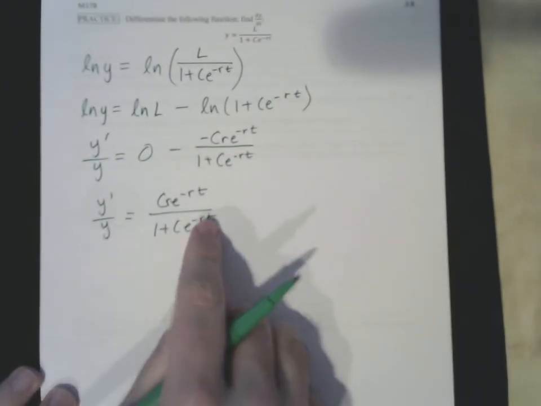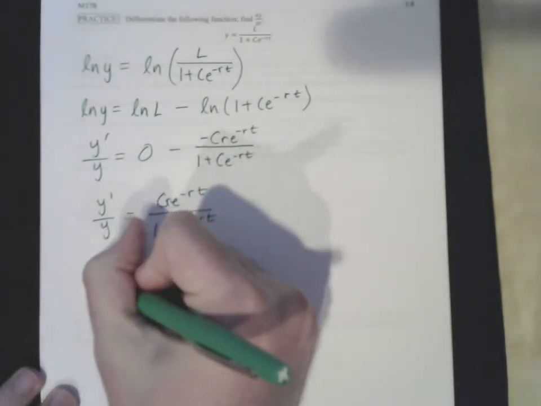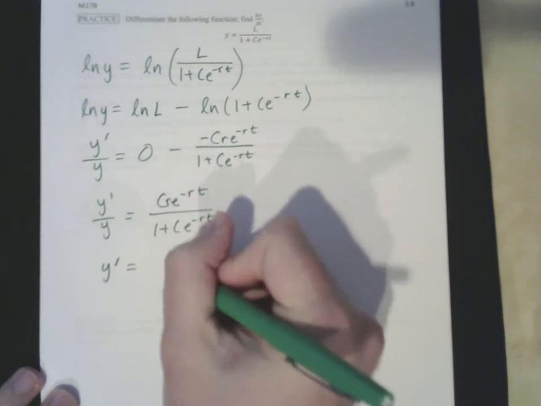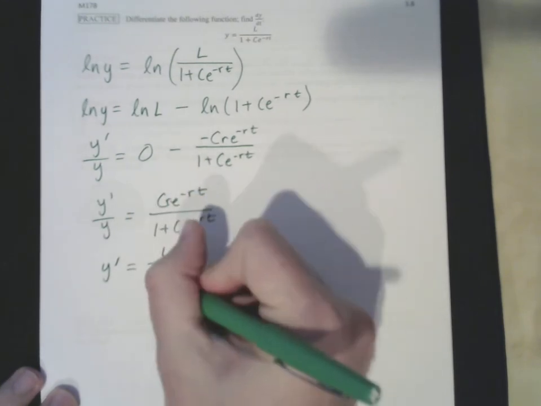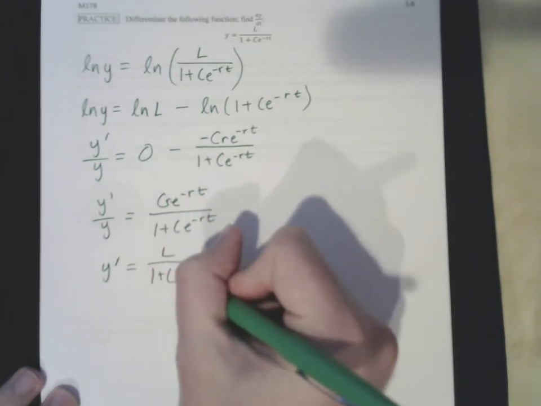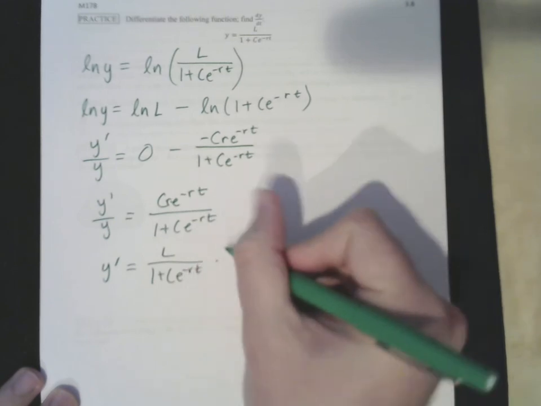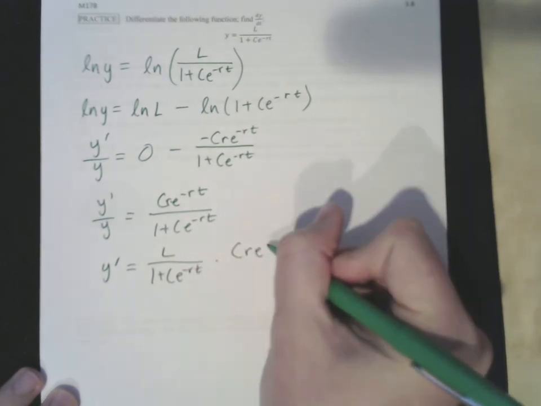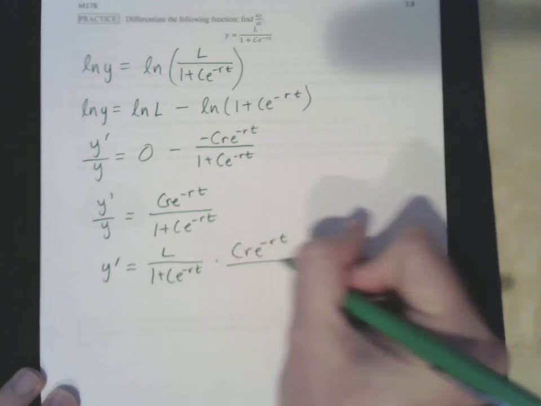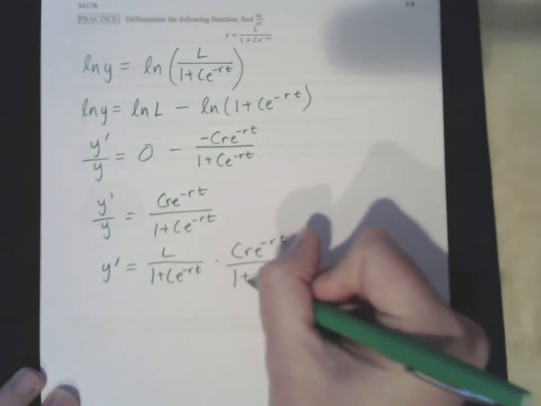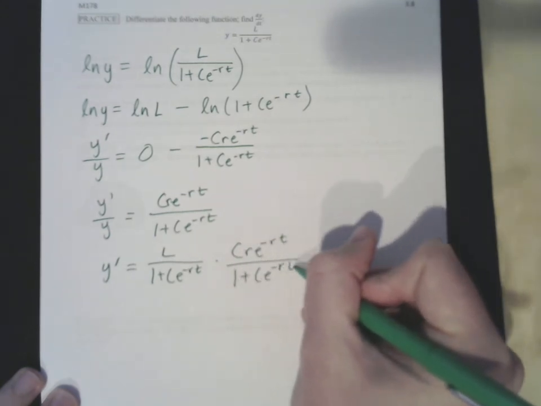And the last step is to multiply by y, move it back over. Y prime equals L over 1 plus Ce to the negative rt times Cre to the negative rt over 1 plus Ce to the negative rt.